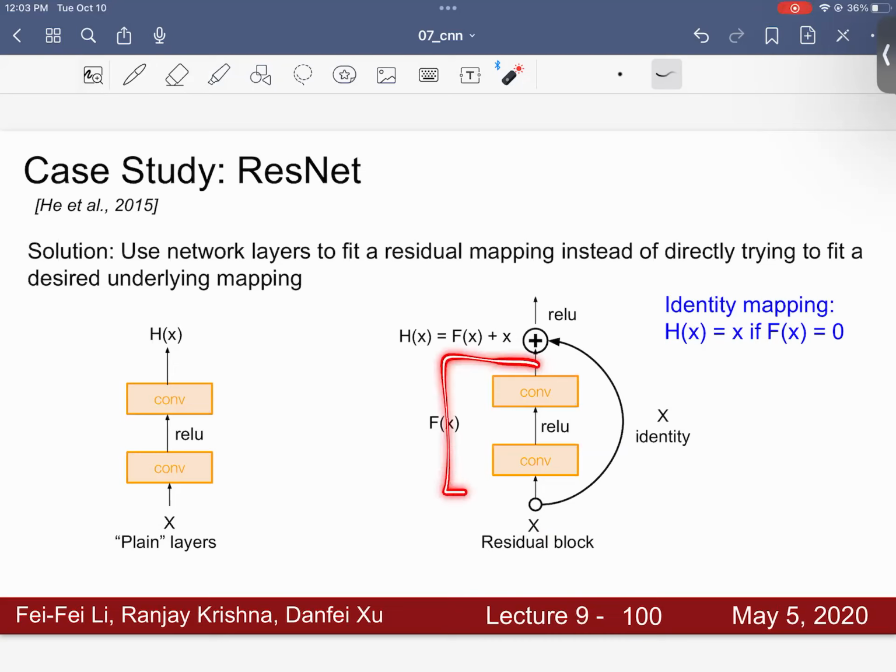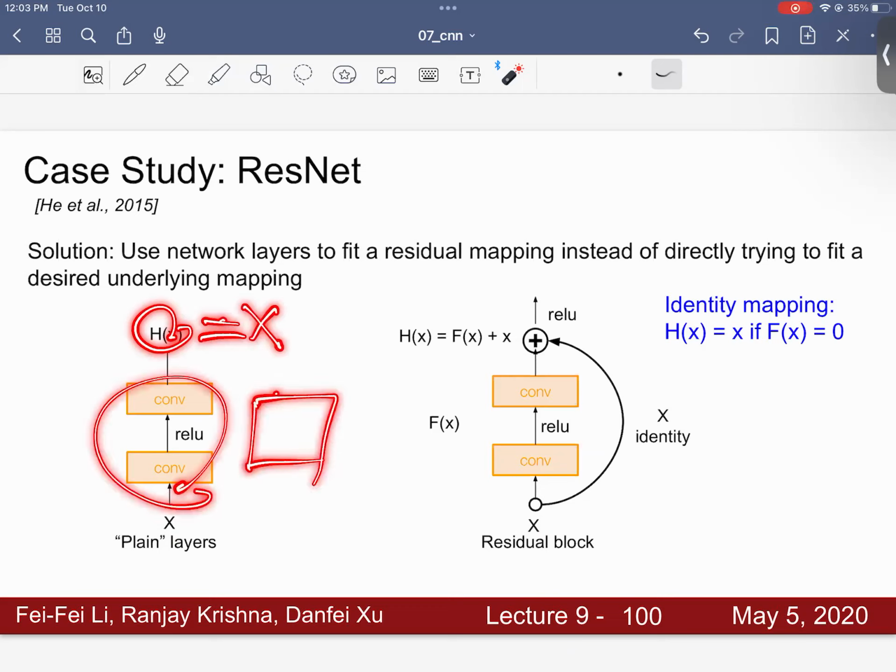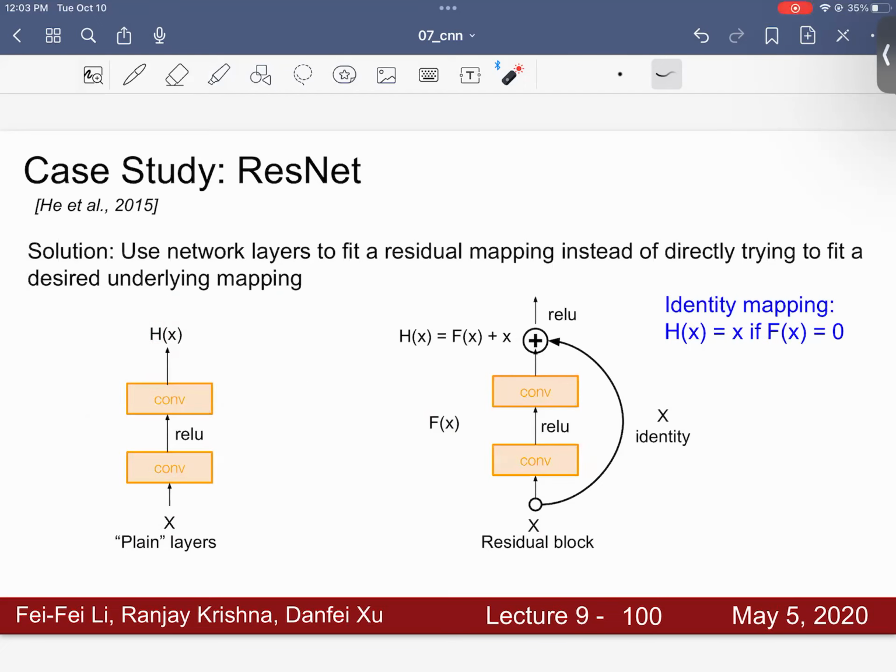It's unnecessary. Before residual connection, this layer had to learn the identity function. If x was already good enough, then H(x) needed to be the same as x. But learning the identity function is pretty tricky, very difficult, because the identity function has a very weird diagonal shape.